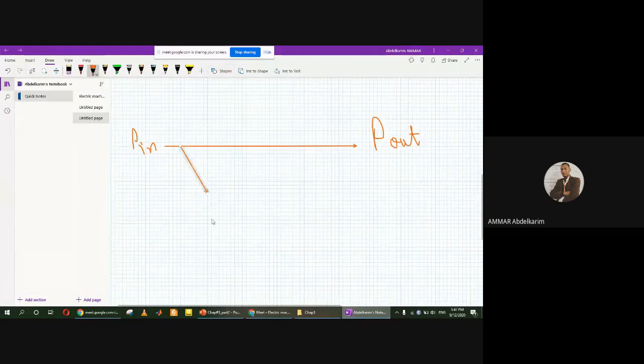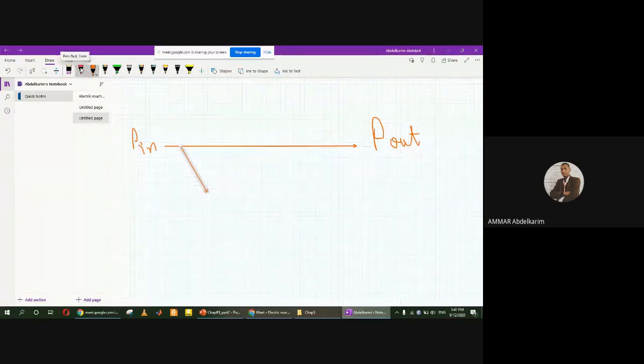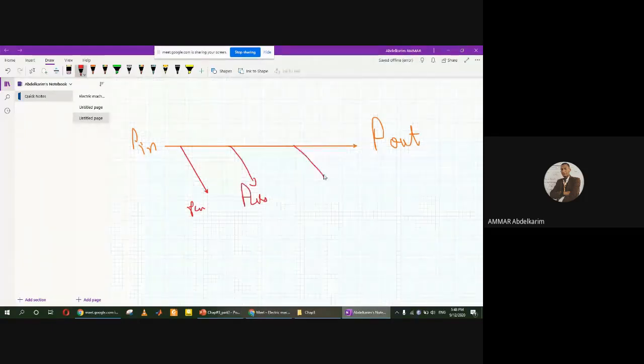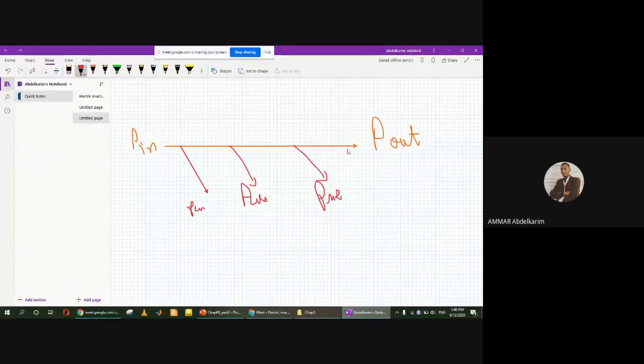Firstly we are going to take the copper losses in the primary, P copper in the primary. Then we also take the core losses, P core. Then we take the copper losses in the secondary, because we have an equivalent impedance in the primary and in the secondary. Then we get the output power.